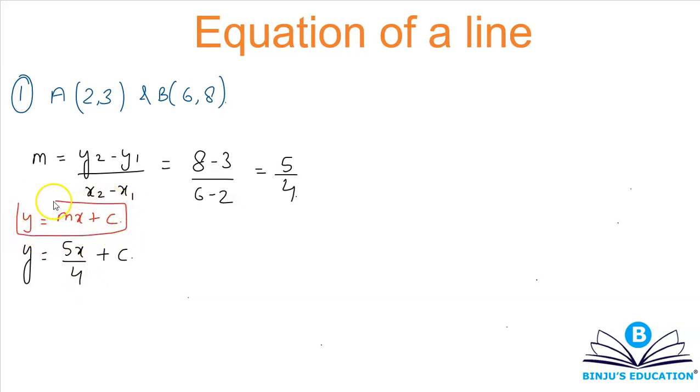Whenever you write the slope-intercept form, y and x are variables. They'll keep on changing according to the points, but m and c are constant. Always remember that for every line there is a unique value of slope and y-intercept.